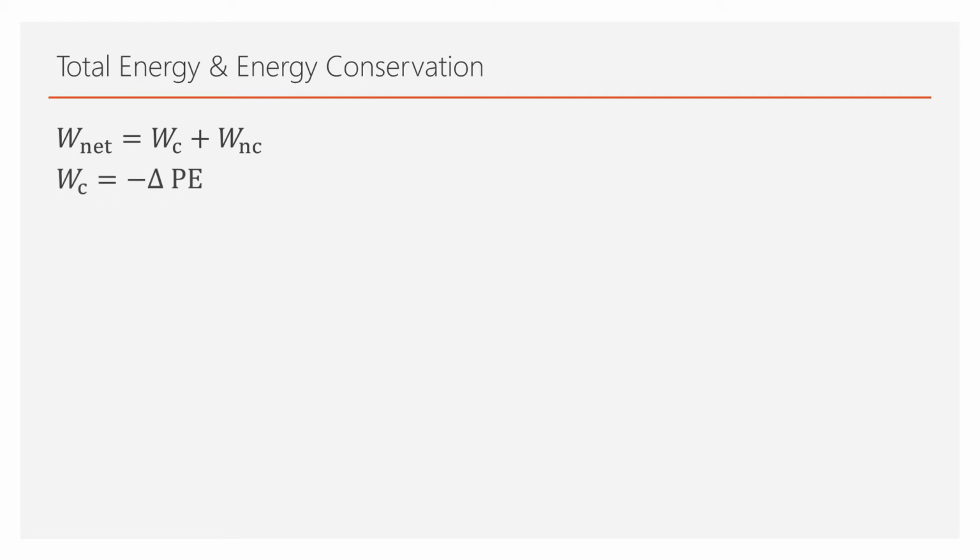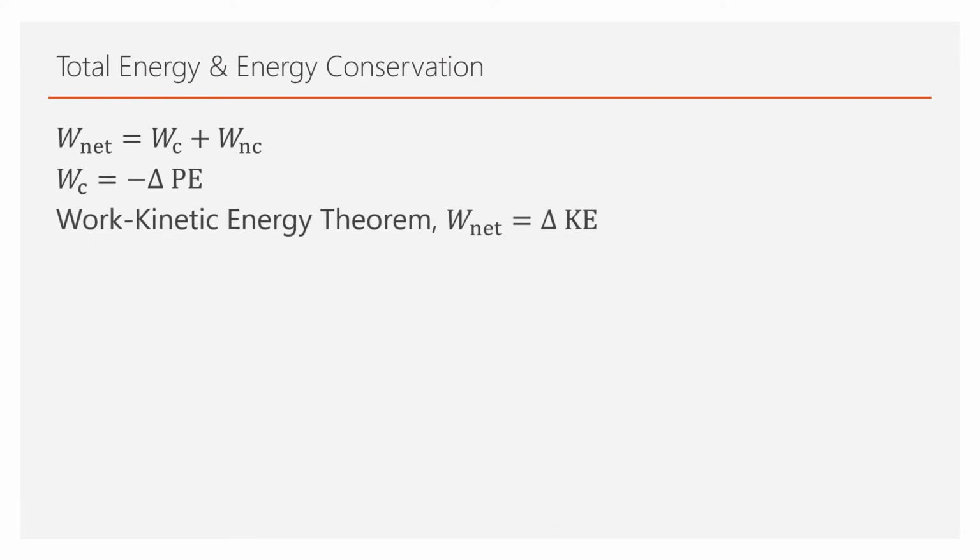We know that the work done by conservative forces can be written as the negative change in the potential energy. And we know from the work-kinetic energy theorem that the net work done is equal to the change in the kinetic energy. We can combine these three statements to say that the negative change in potential energy plus the work done by non-conservative forces is equal to the change in kinetic energy.